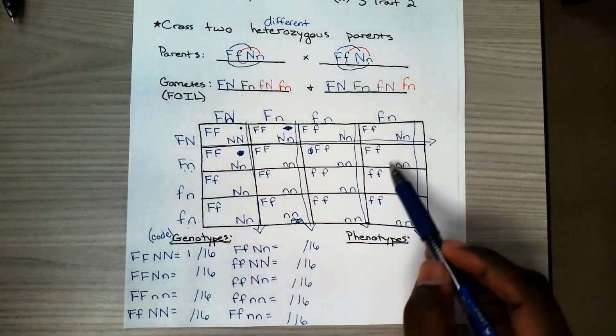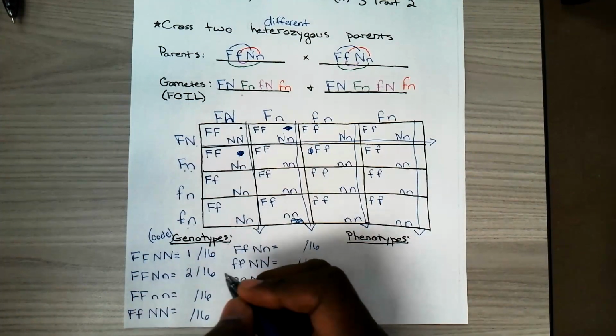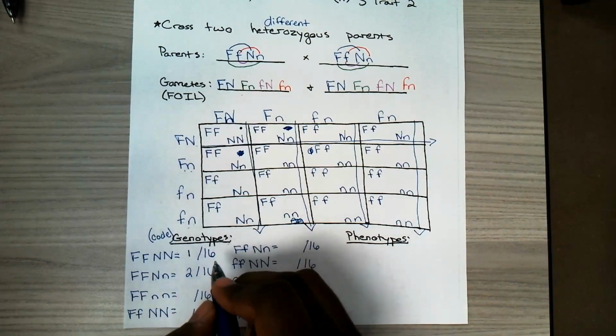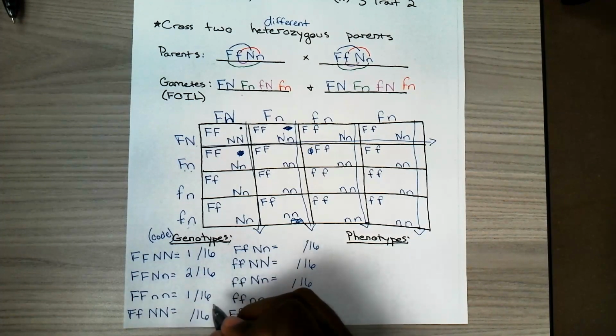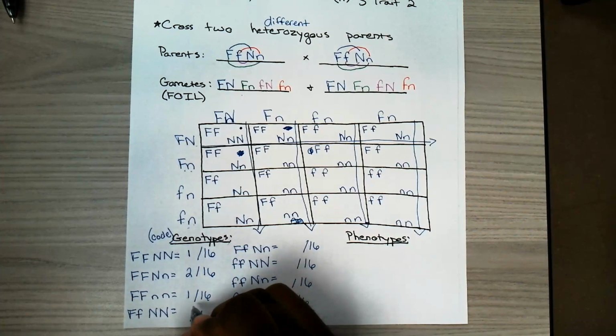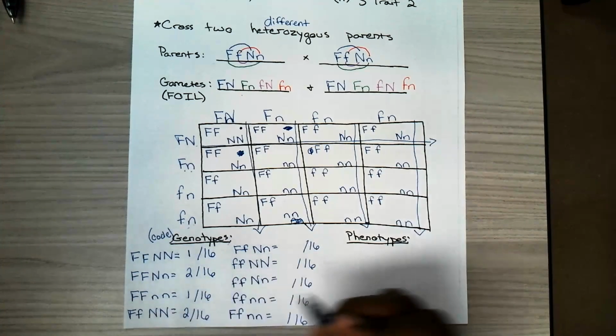I don't have another one. So we have 2 out of 16. That's how we're going to do it for each one. So big F, little n, we have 1 out of 16 chance. Big F, big N, we have 2.